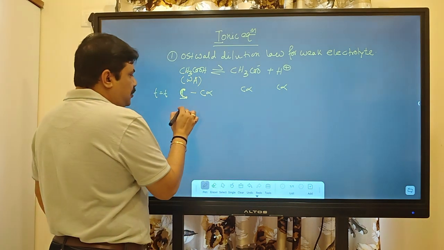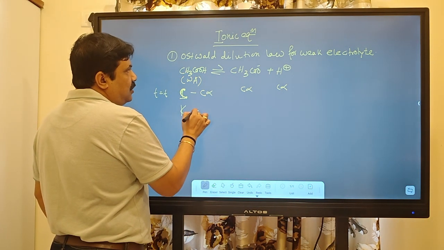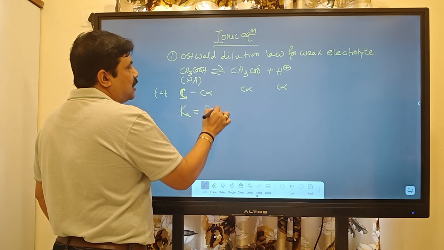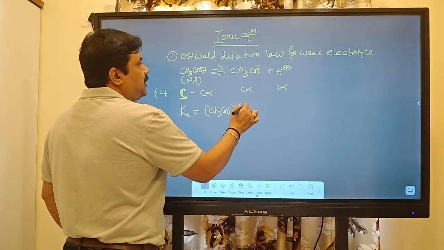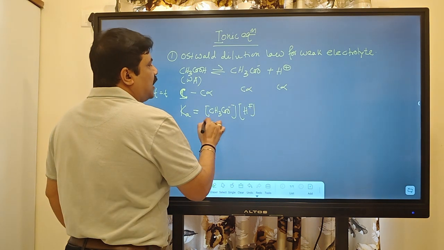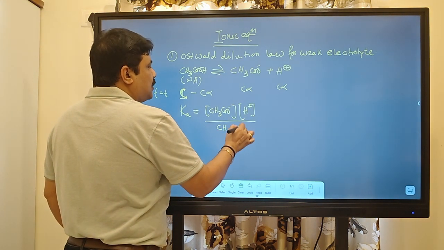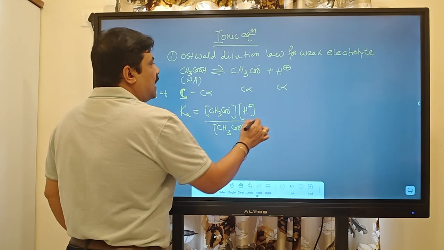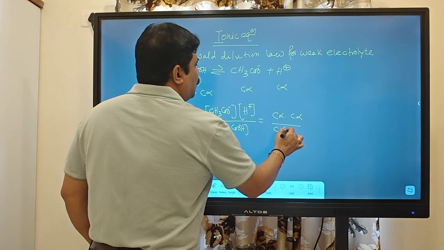From there we derive the equation: dissociation constant K equals the active mass or molar concentrations of the products raised to the power of their stoichiometric coefficients by that of the reactants, and we put C alpha into C alpha, C into 1 minus alpha.